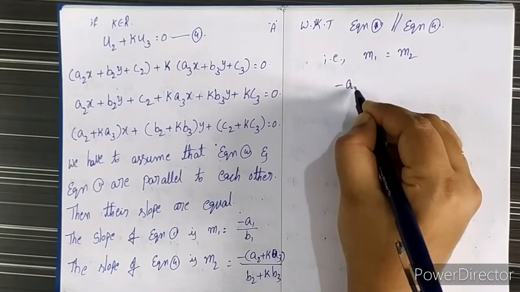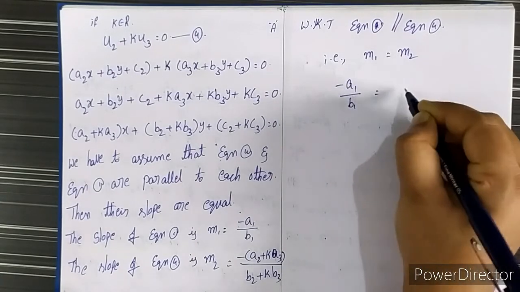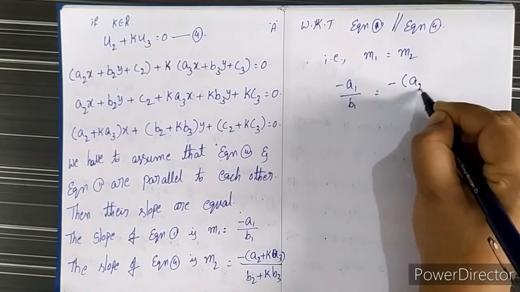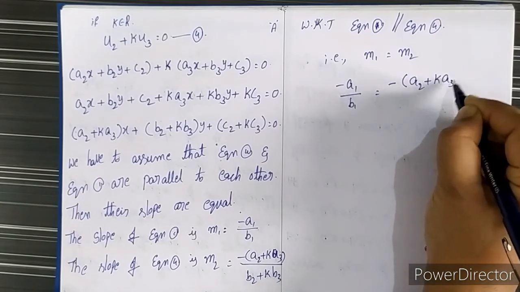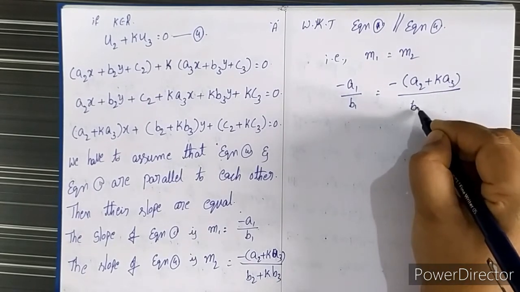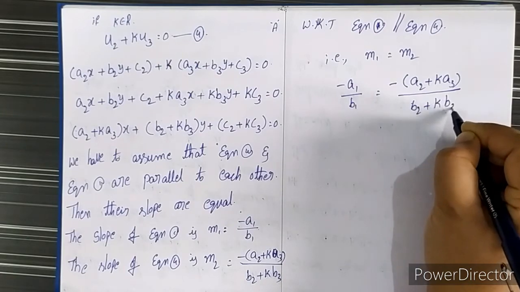That is, minus a1 by b1 is equal to minus of (a2 plus k a3) by (b2 plus k b3).